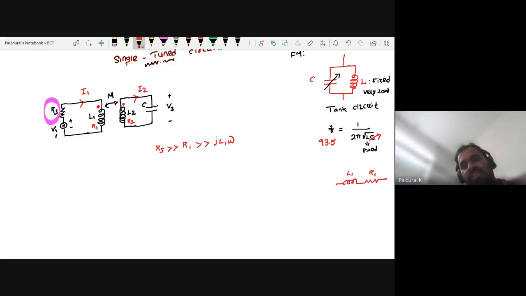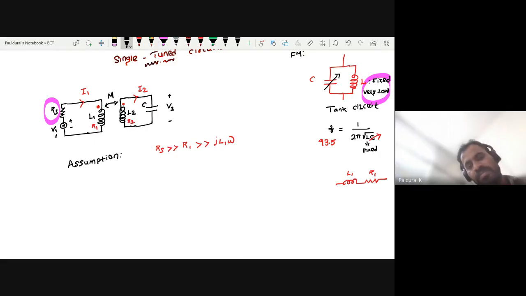That's what I have given here. This L is fixed and very low when compared to the source resistance as well as the internal resistance. The reactance should be less than the internal resistance, then only can you achieve a better tank circuit. That is the very first assumption, please make a note.